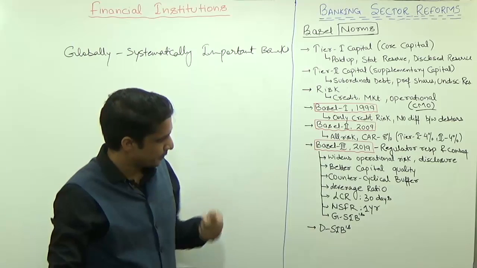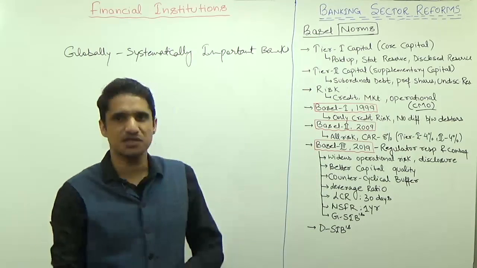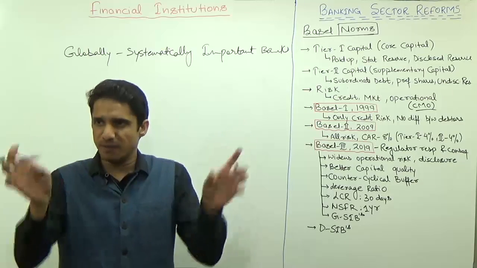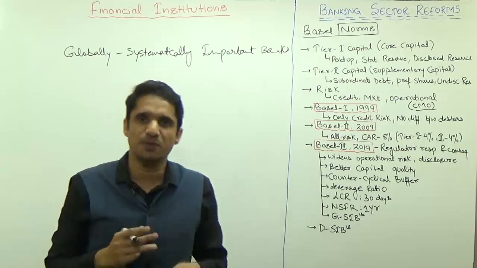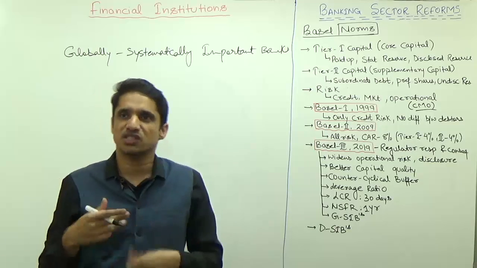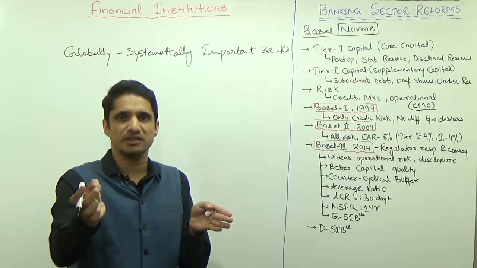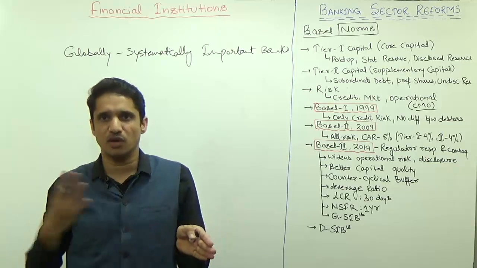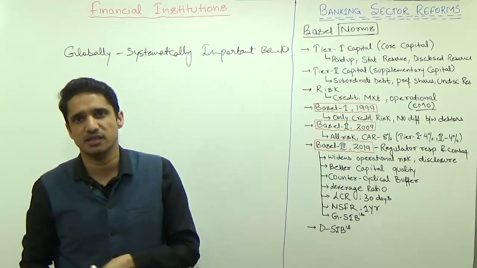So by learning from that mistake, under Basel III we came up with the concept that whatever these big international banks are there, you have to take special care of them. The transparency norms and the disclosure should be more than for normal banks, because we as the world economy cannot afford that any of these banks files bankruptcy.